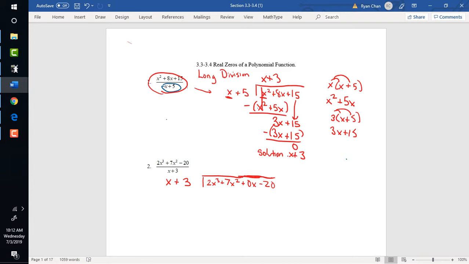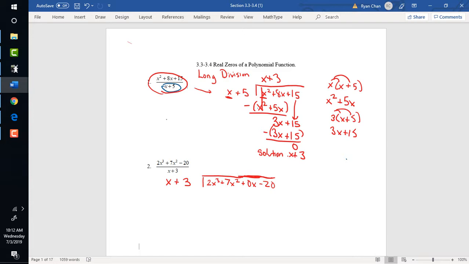So everything's just going down by 1, and there are no weird jumps through my dividend, which is the items inside my division sign. Inside my division sign, everything's going down by 1: 3, 2, 1, 0. The degrees are going down by 1. The same goes for my divisor, going down 1, 0, which is fine.